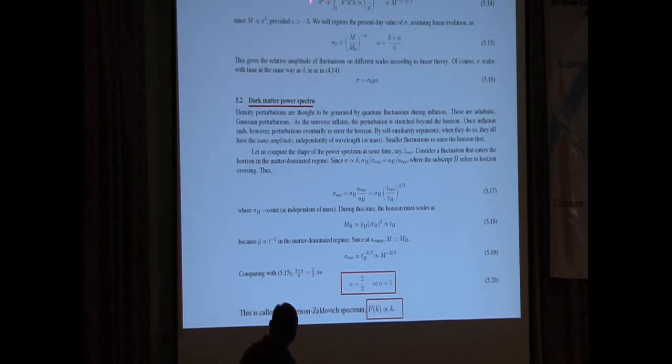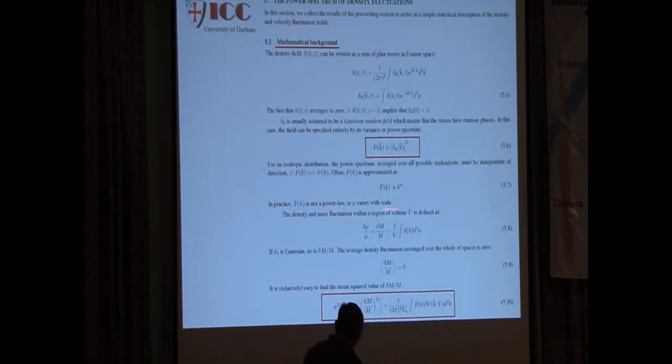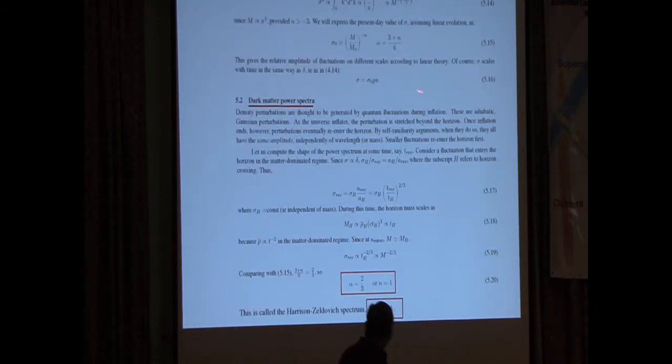And it turns out that sigma squared is proportional to M to the minus alpha, where alpha is given by this, and n is the exponent of P(k). Delta k squared is k to the n, and alpha, which gives the dependence of the variance in the mass fluctuation with mass, is related to n like this. And I'm going to show in a minute that inflation predicts that n should be equal to 1, the so-called Harrison-Zeldovich spectrum. In fact, I'm going to do that next.